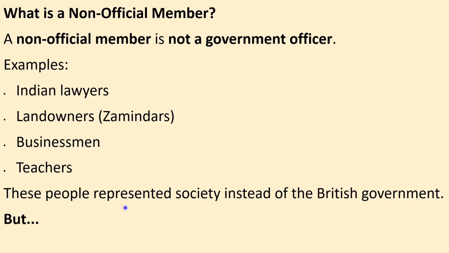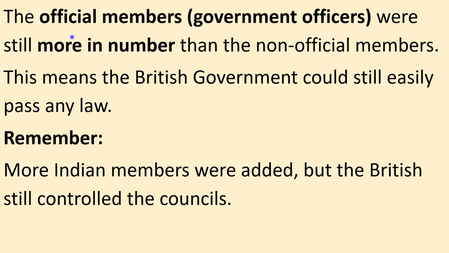These people represented society instead of the British government, but the official members were still more in number than the non-official members. This means the British government could still easily pass any law. Remember, more Indian members were added, but the British still controlled the councils.